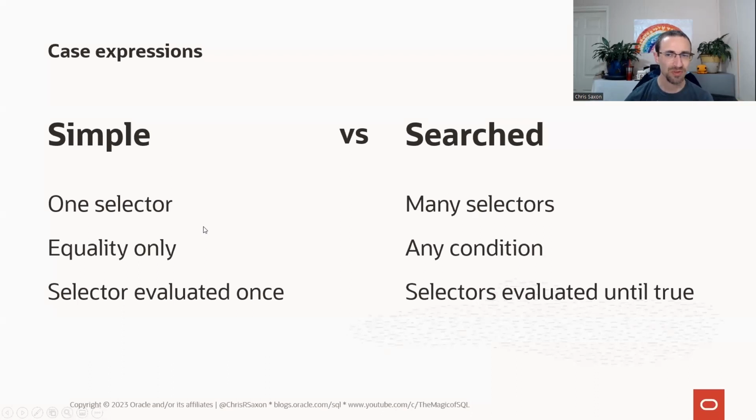Another small detail, which can be helpful in some cases, is a simple case expression only evaluates the selector once. So we say case, whatever it is, percentage correct, evaluate that once. Whereas with searched, we'll evaluate it once for each when clause we check until we find one that is in fact true.